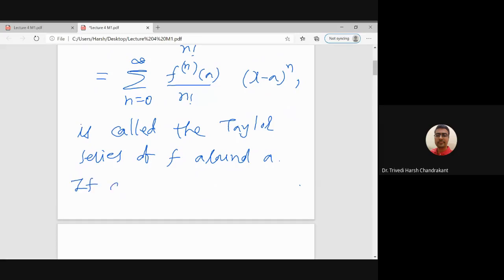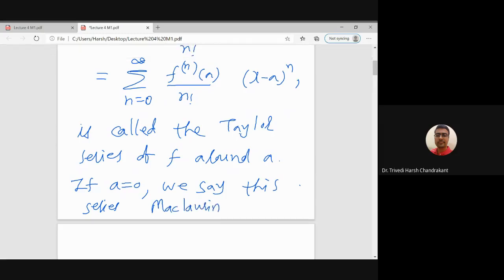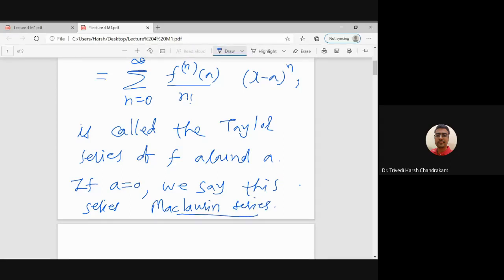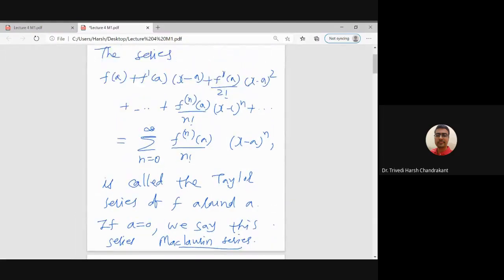So if we take a equal to 0 in this, we get a special series. That series we call the Maclaurin series. So if I take a equal to 0, then what change will be there?